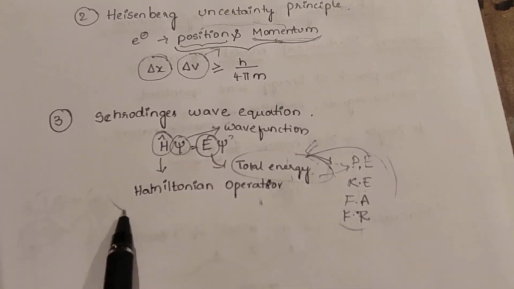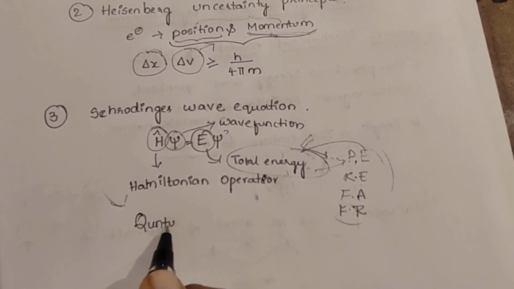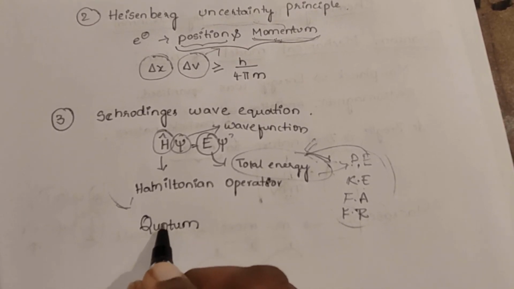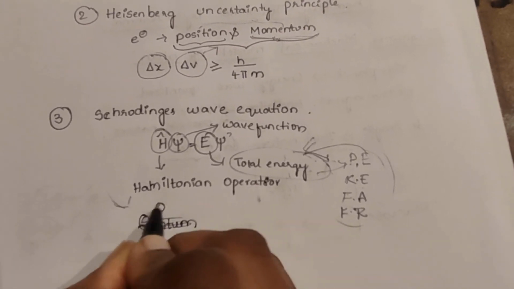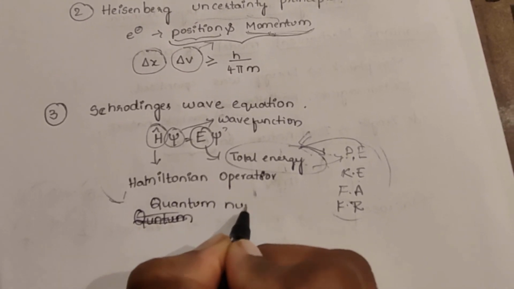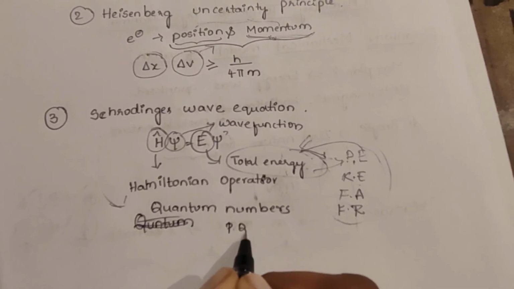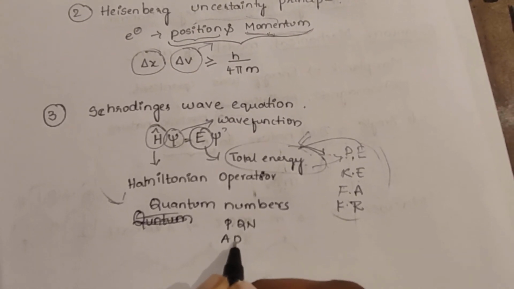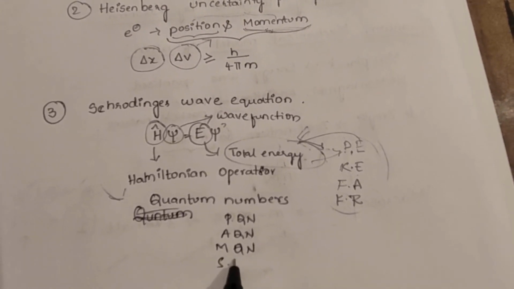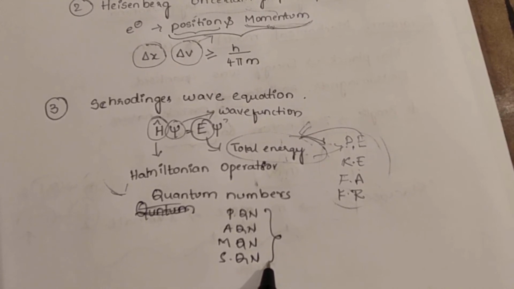And from the solution of this equation, he also gave quantum numbers, such as principal quantum number, azimuthal quantum number, magnetic quantum number, spin quantum number, like that.